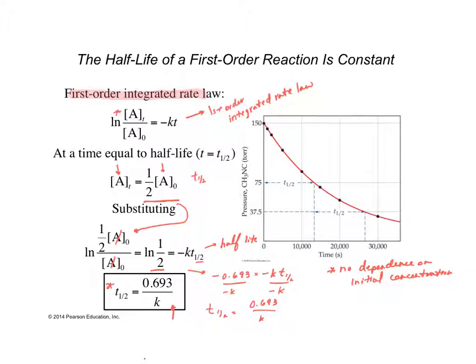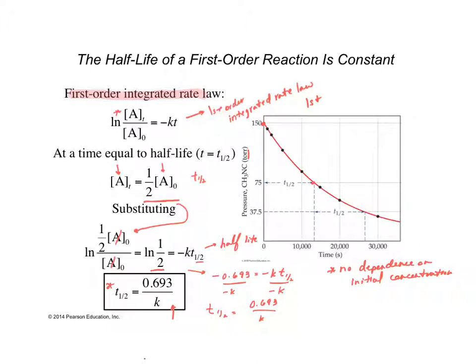If we think about what a half-life is, again, it's the time it takes for the concentration to drop to 1/2 its initial value. So for first order reactions, let's say we start at 150 torr, so this is in torr as our pressure. The half-life is the time it takes to go from 150 to half of 150, which ends up being 75.